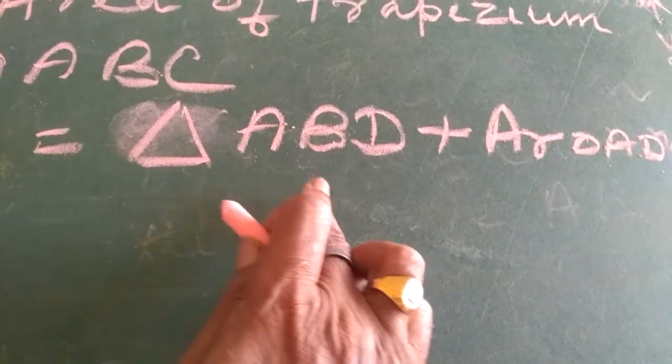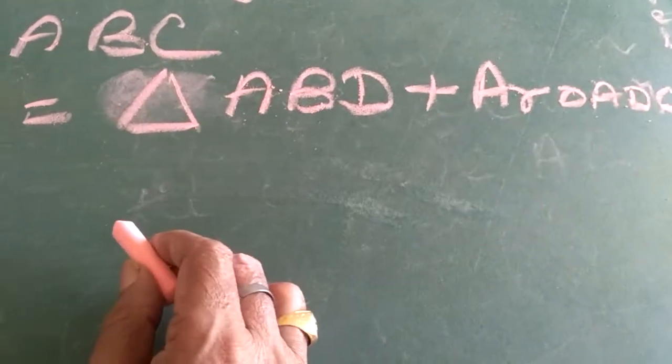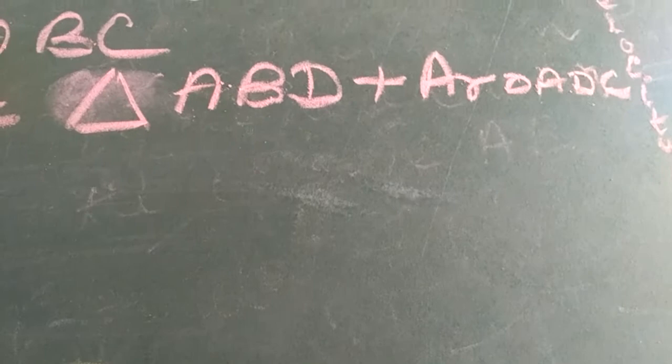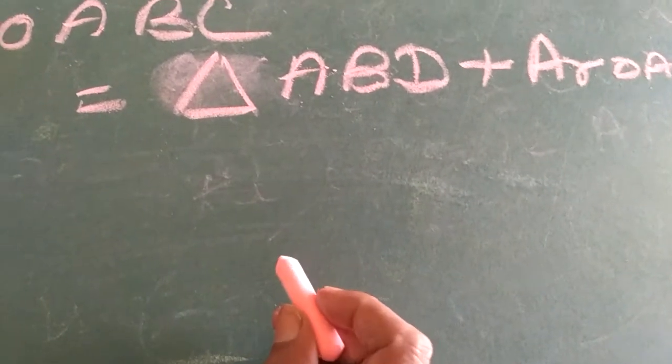So area of the triangle ABD plus area of OADC. Now area of the triangle, you know, area of the triangle equals how much?